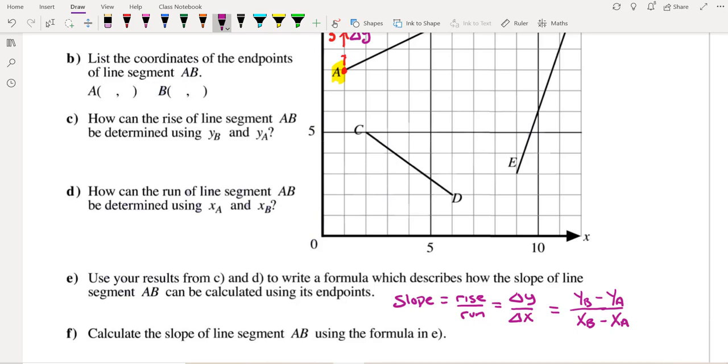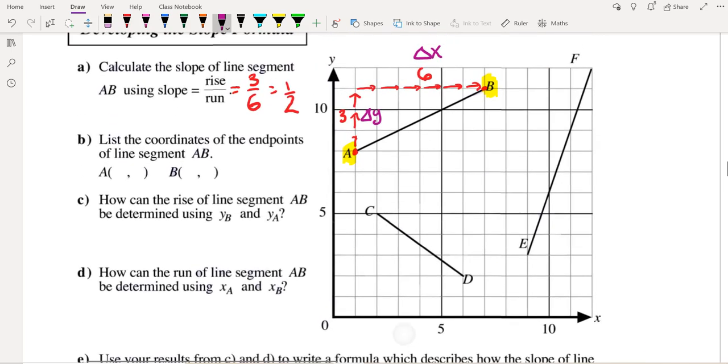So in order to execute this formula, we need to know what the coordinates are. So we know what the x and y positions are. A is at x position 1 and y position 8. And B is at 7 in the x position and 11 on the y position.